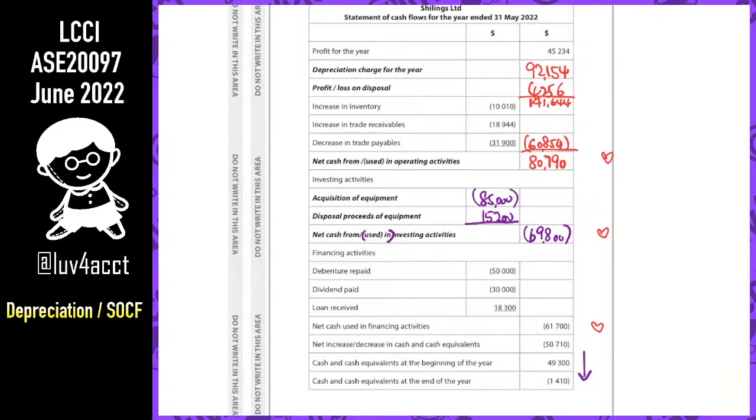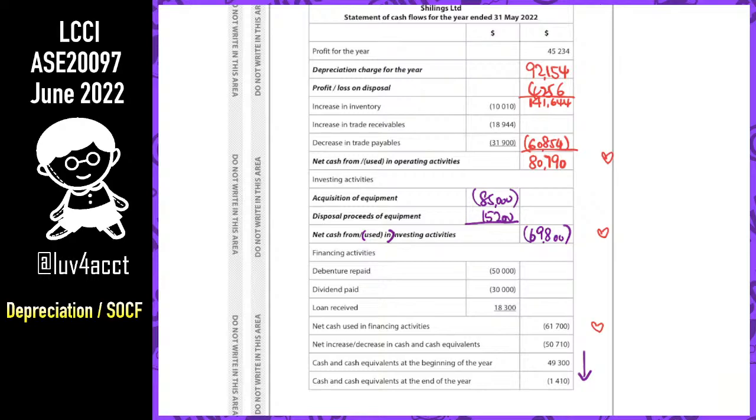But if we have a positive balance here, we can still survive. So it is good that we have positive operating cash flows. But the negative part, we can see we have a large outflow from investing and financing activities.